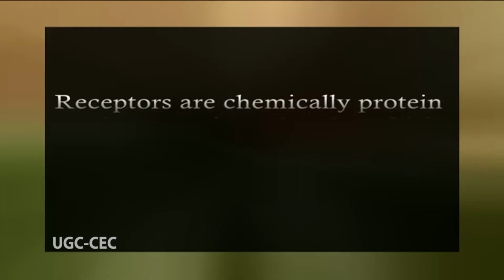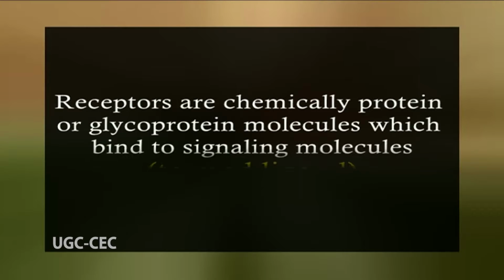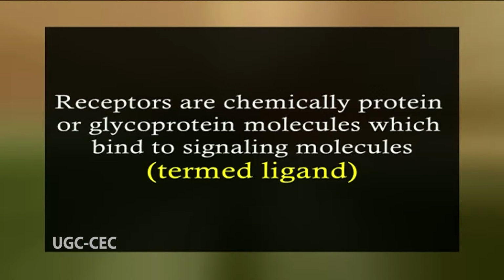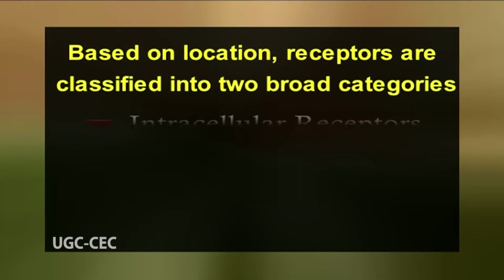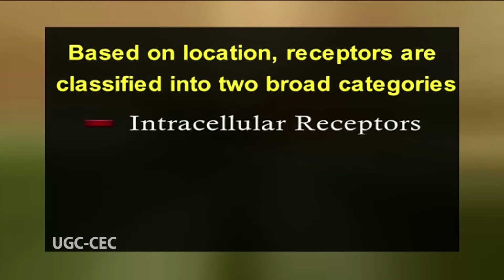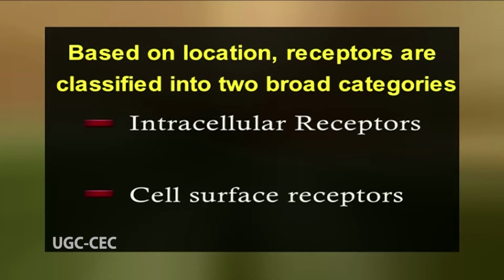Receptors are chemically proteins or glycoprotein molecules which bind to a signaling molecule termed ligand. Binding of a ligand to a receptor causes a conformational change in the receptor that initiates a sequence of reactions leading to a specific cellular response. Based on location, receptors are classified into two broad categories: intracellular receptors and cell surface receptors.